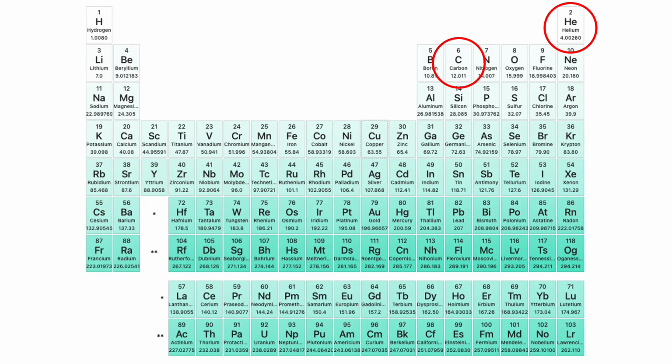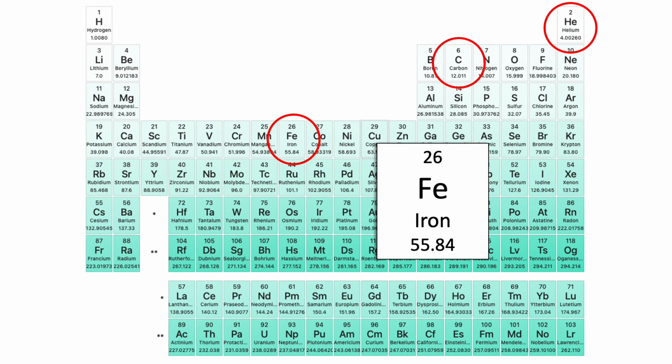So we looked at helium and carbon. What if we go to the bigger atoms in the periodic table? So we go down and let's look at iron. Iron has an atomic number of 26 and it has an atomic mass of almost 56.